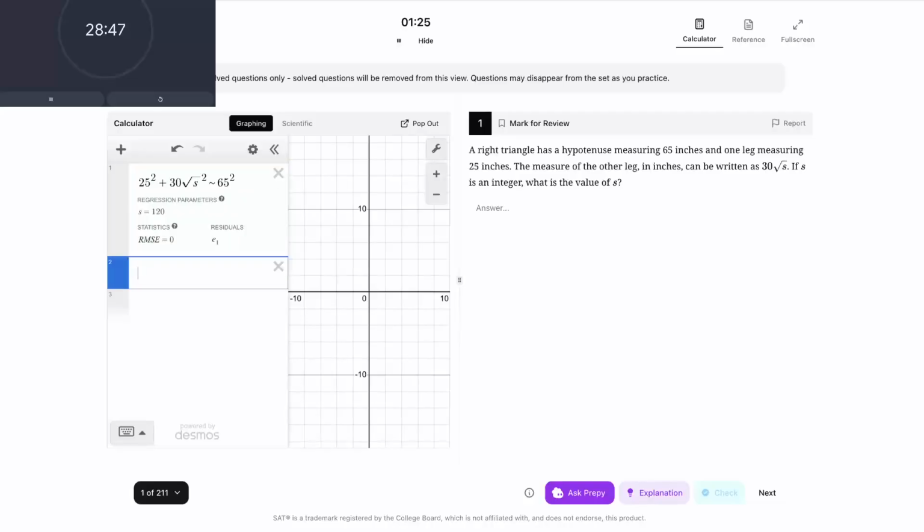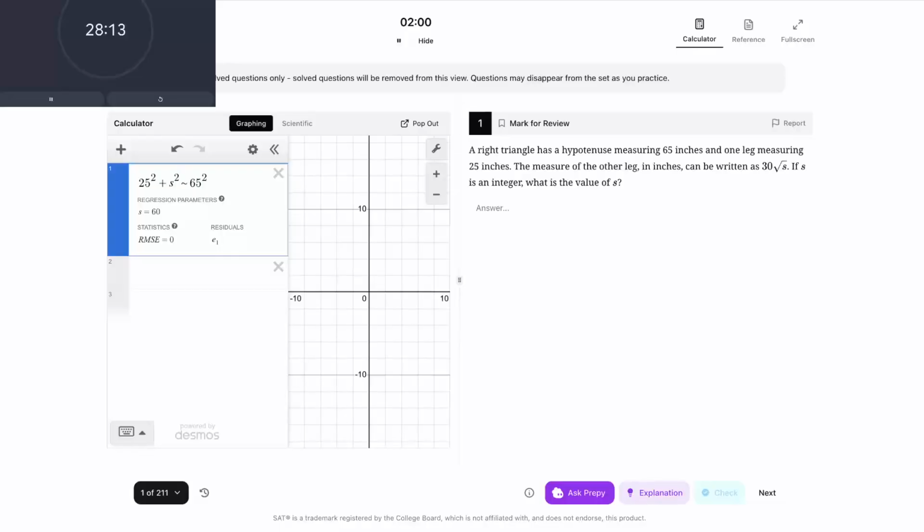Let me go back to s. S is 120, and we want the square root of that. So square root of 120. Okay, s can be written as that. Actually no, it would just be 120 for this one. Or is it actually square root of 120? It's probably better if I just do this actually.